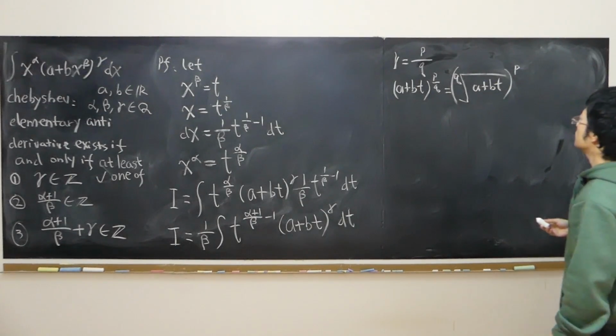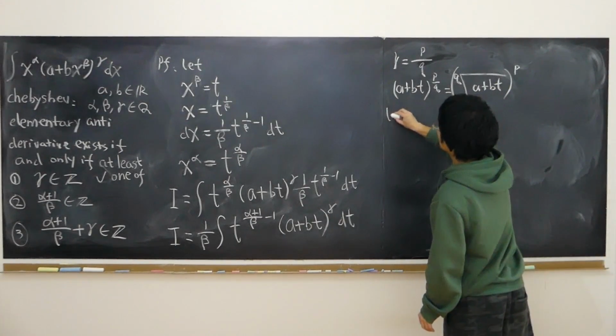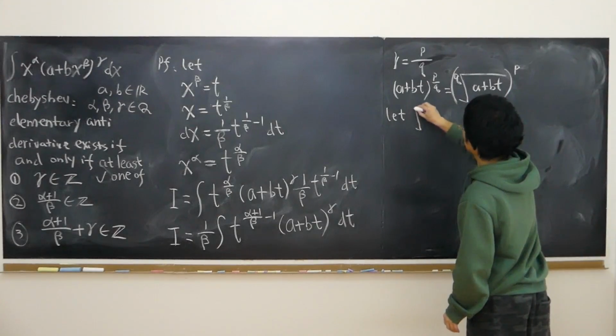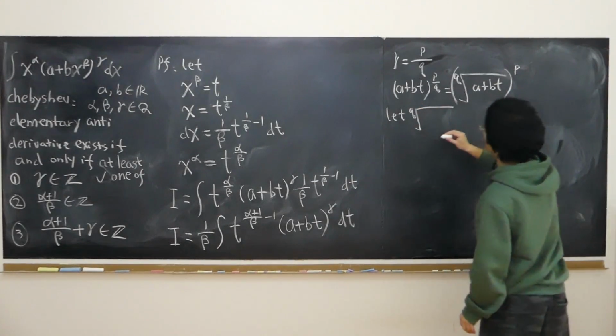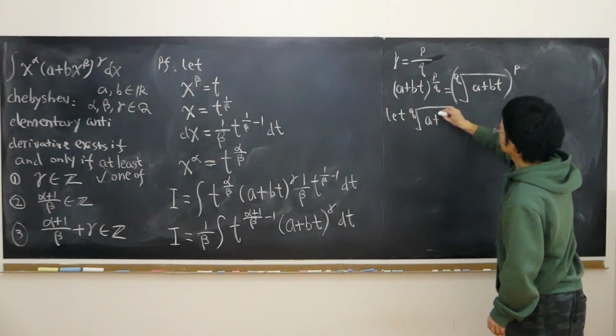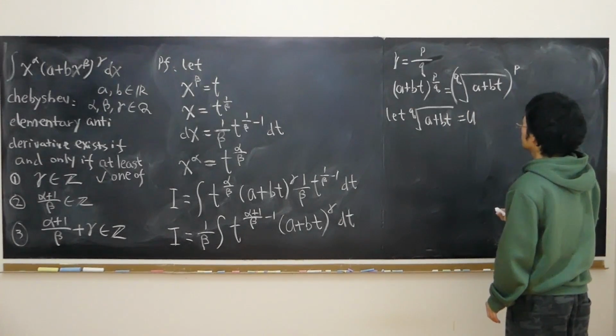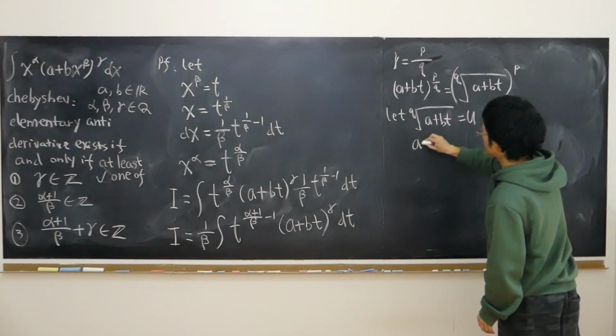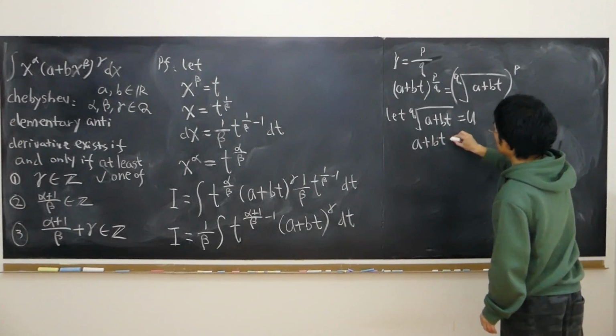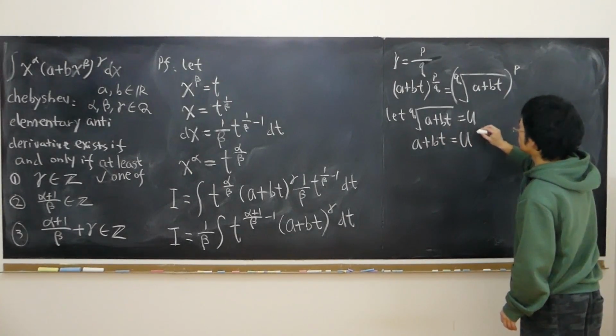And we will again let the qth root of a plus bt equal u, and then a plus bt is equal to u to the q.